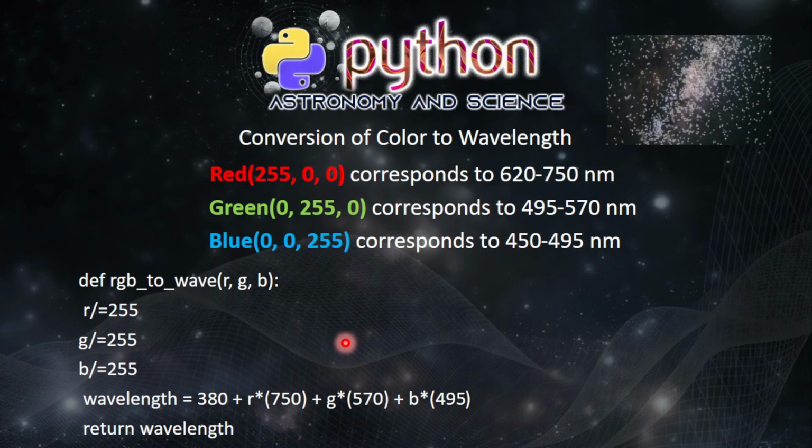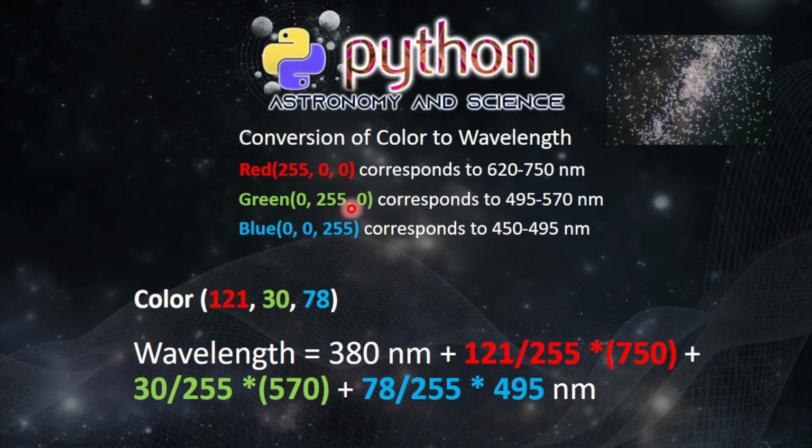We add up the green ratio multiplied, of course, by 570 nanometers corresponding to the green, plus the blue ratio times 495 nanometers, and we add to all of that the base wavelength, which is not visible within the pixels, usually corresponding to the infrared, which is the value 380 nanometers. Finally, we return the answer, of course.